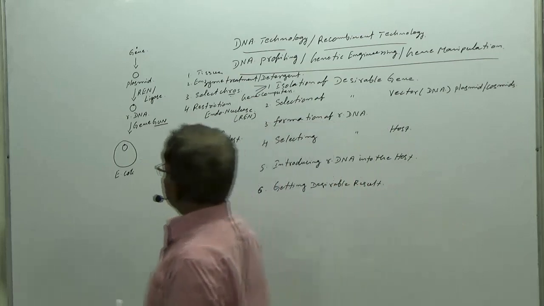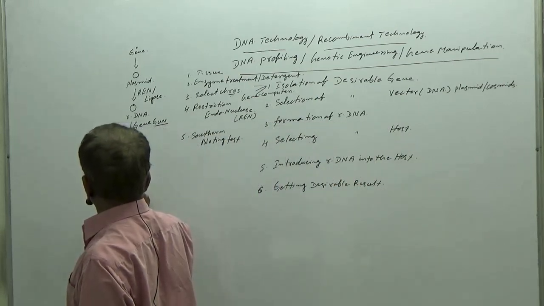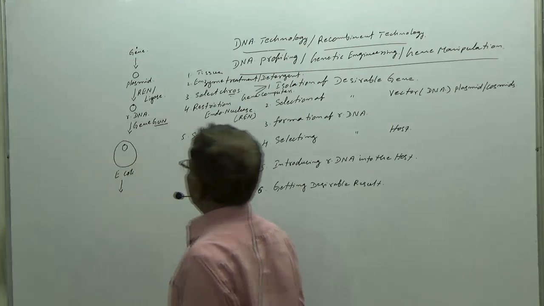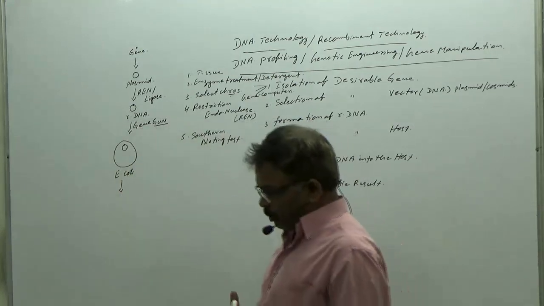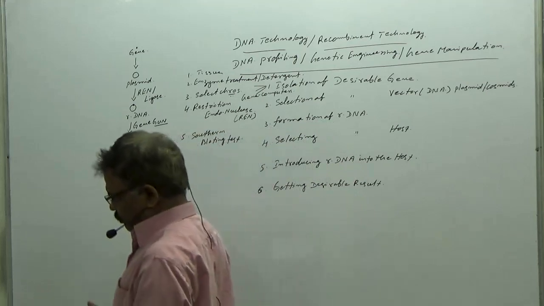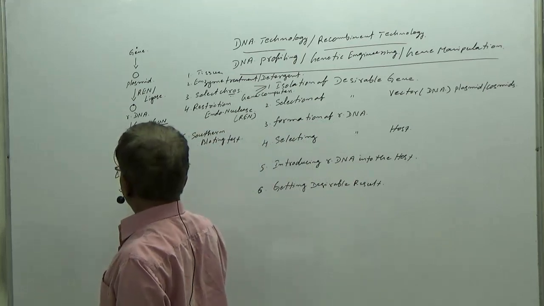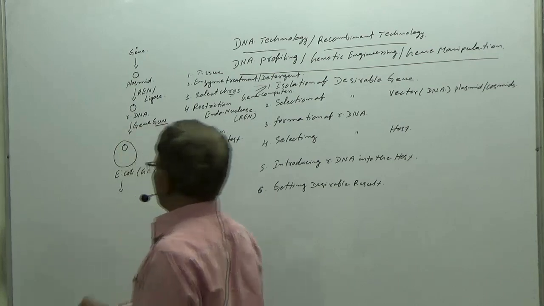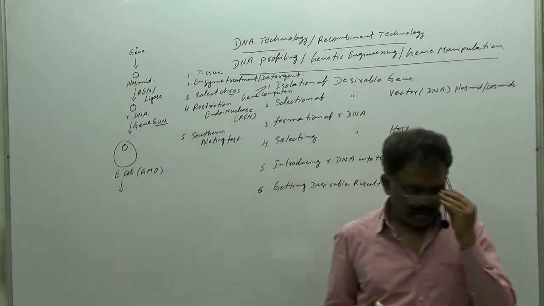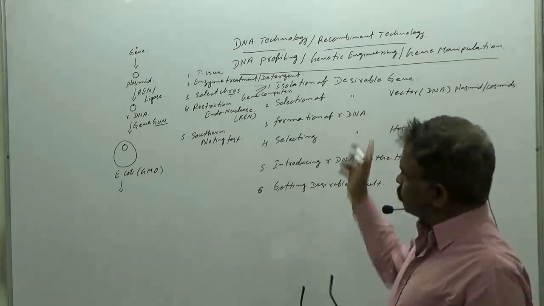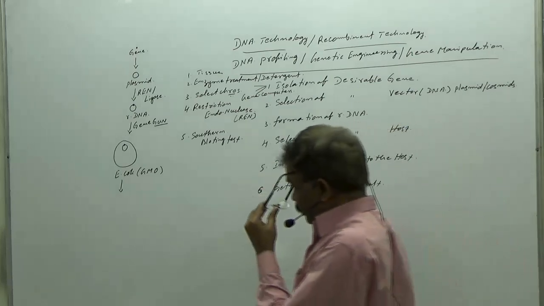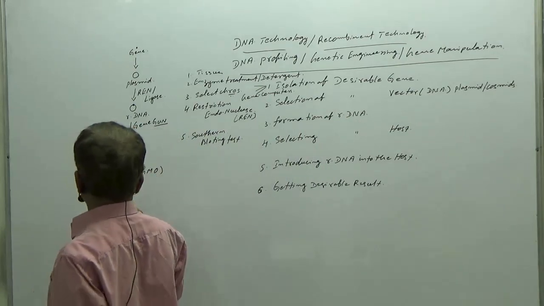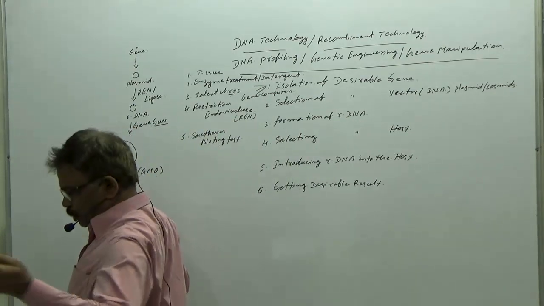Then after inserting, this E. coli is known as a genetically modified microorganism. This is a genetically modified organism, GMO. So after genetic transformation, genetic modification, they develop these microorganisms in tissue culture.